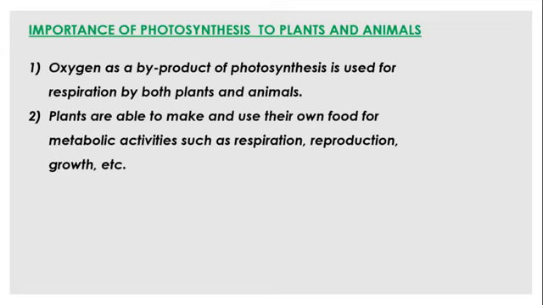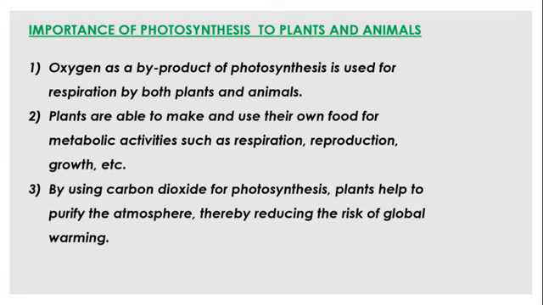Plants require carbon dioxide for photosynthesis. If that is true, then we are saying that, number 3, by using carbon dioxide for photosynthesis, plants help to purify the atmosphere, thereby reducing the risk of global warming. I hope the point is clear.